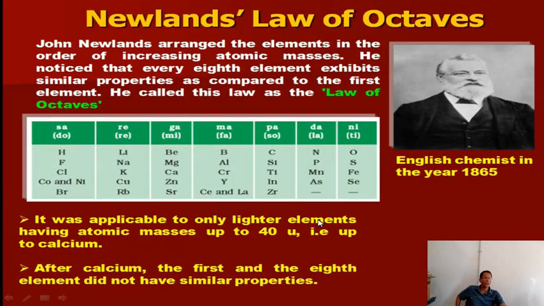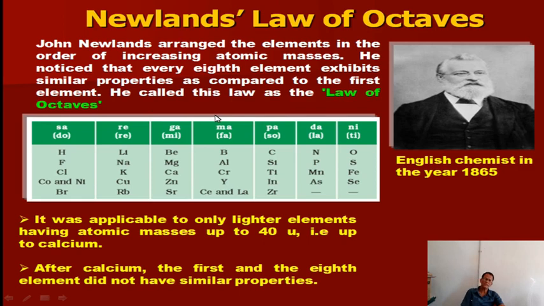Next, the second law, that is Newlands' law of octaves. Newlands was an English chemist in the year 1865. He made this table, the Newlands law of octaves periodic table, and it is mainly based on the property of atomic mass.